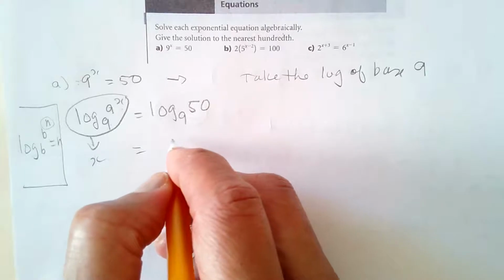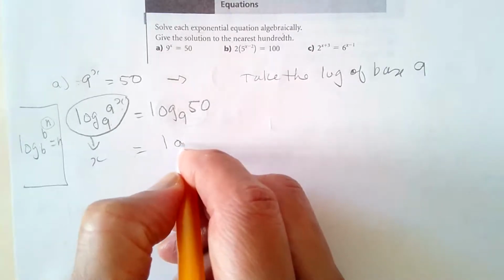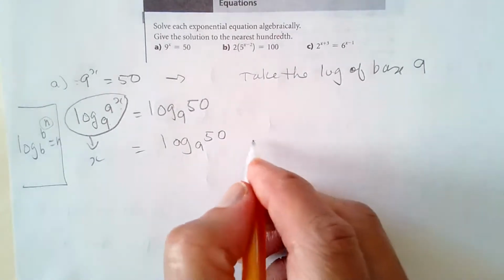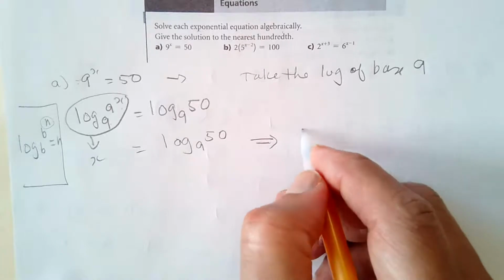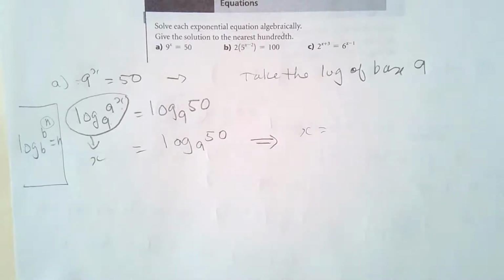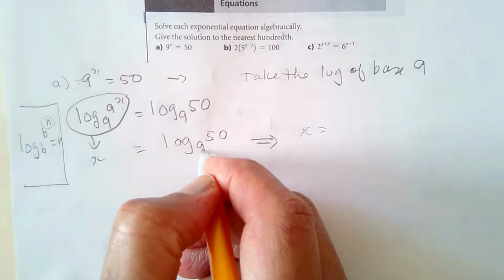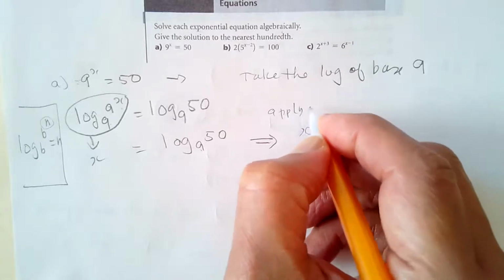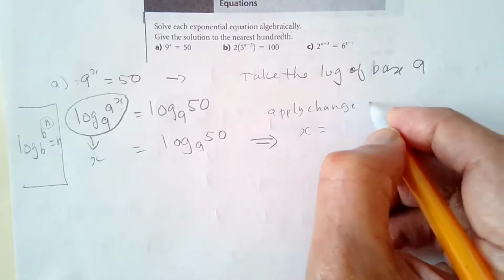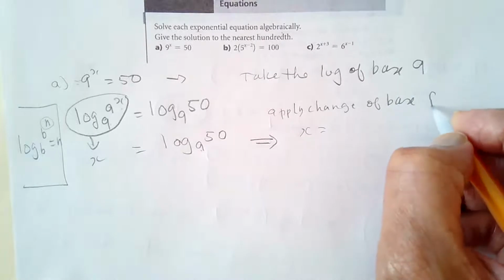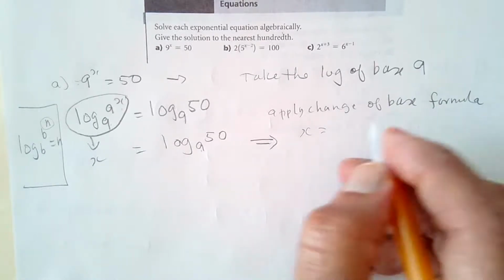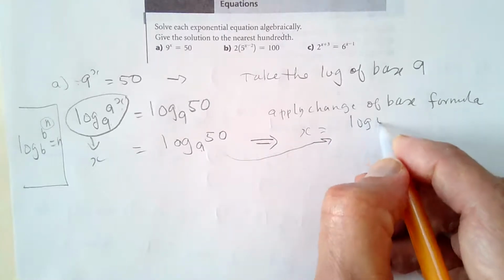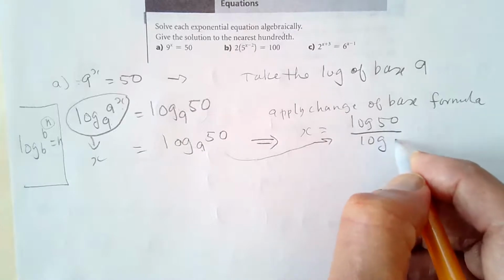Now we're left with log base 9 of 50. Let's carry this on. So x now, we can apply the change of base formula, so this becomes log 50 over log 9.